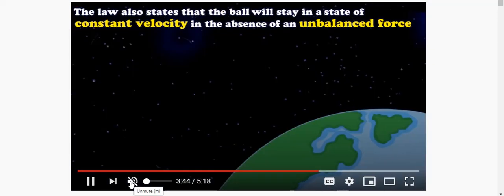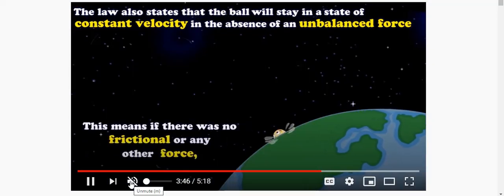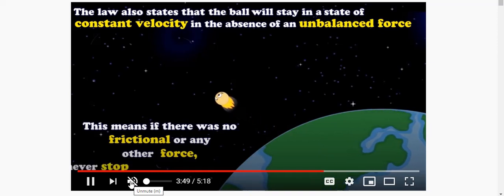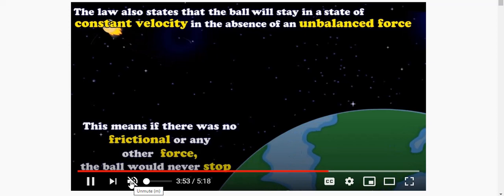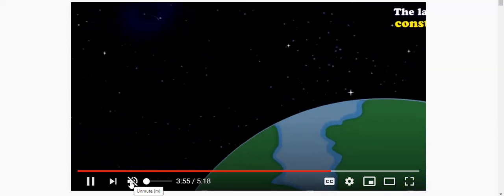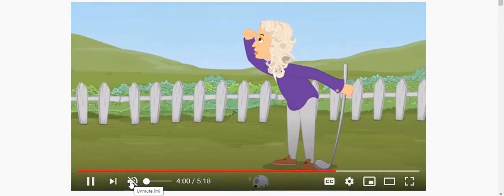The law also states that the ball will stay in a state of constant velocity in the absence of an unbalanced force. This means if there was no frictional or any other force, the ball would continue to move with the same velocity.